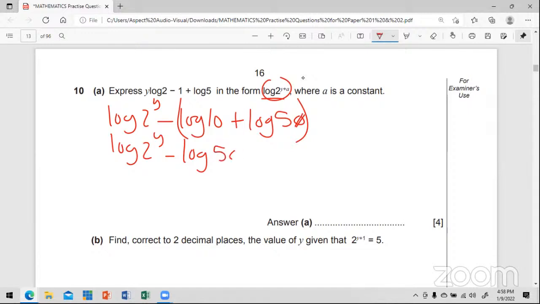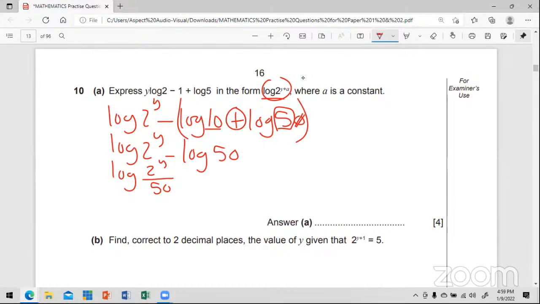Log 50. Because when you add, you multiply those ones. And then when you subtract, you divide altogether. When you subtract, you divide. This will be log 2 to the y divided by what? Divided by 50.